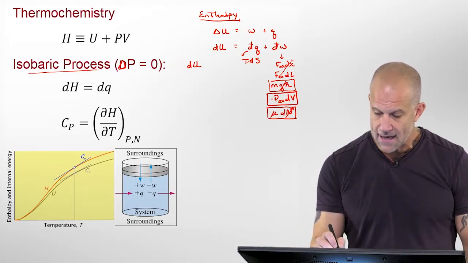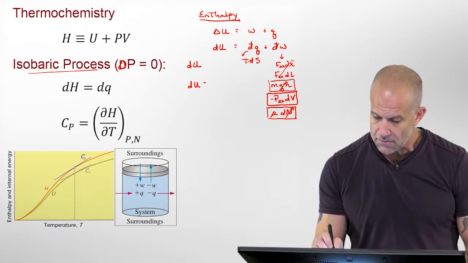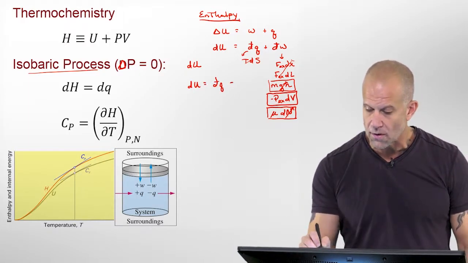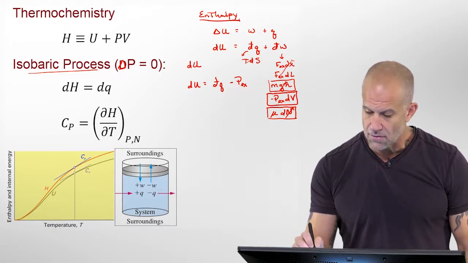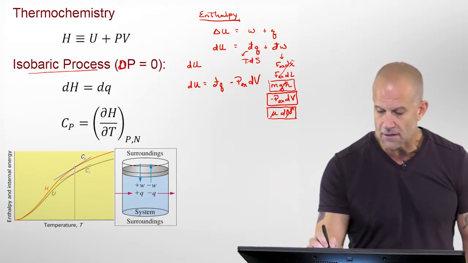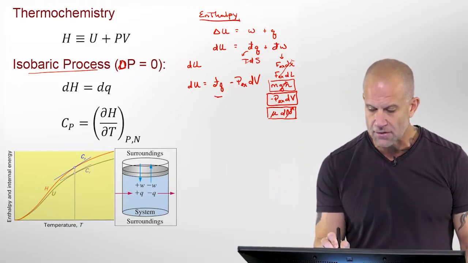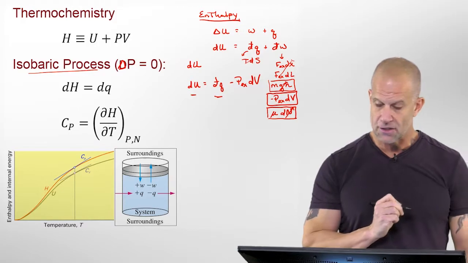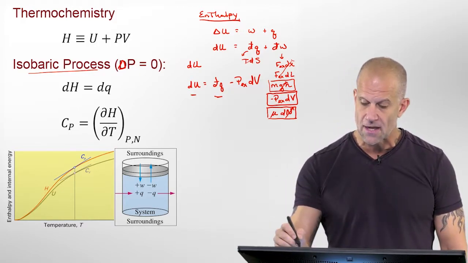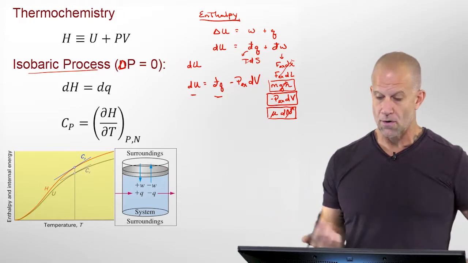We would say in this case that the internal energy is the change in heat, and then oftentimes the work is the external pressure times the change in volume. So if we want the change in heat to be associated with the change in energy, then we do that under constant volume conditions, which is a way of saying that there's no work.